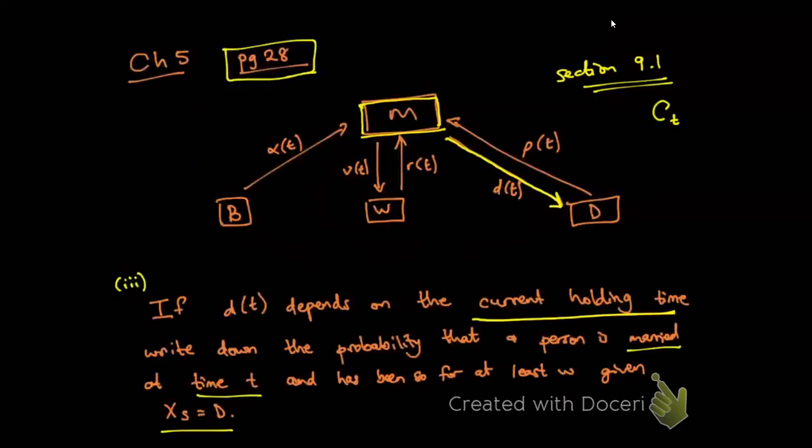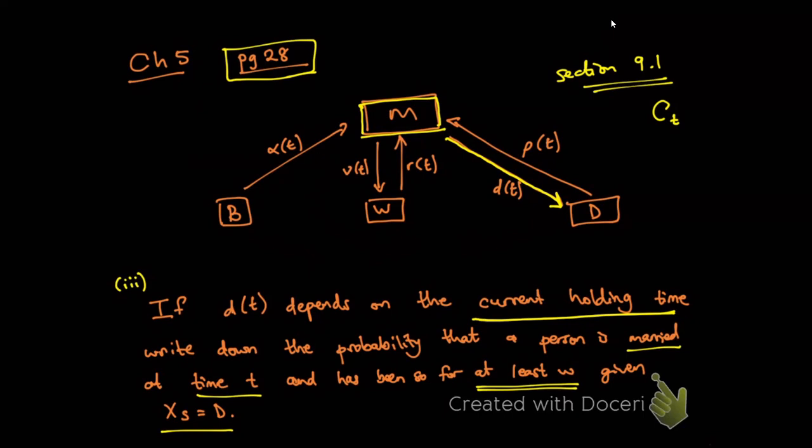Okay, so the first thing we do is we draw S and T. Let me just draw it a little bit lower. So here's our time S and here's time T. Now we are saying we want the person to be married at time T, and they must be married for at least W time units.